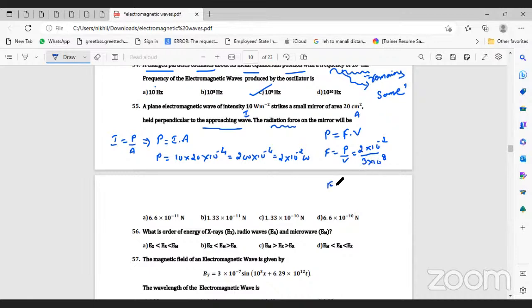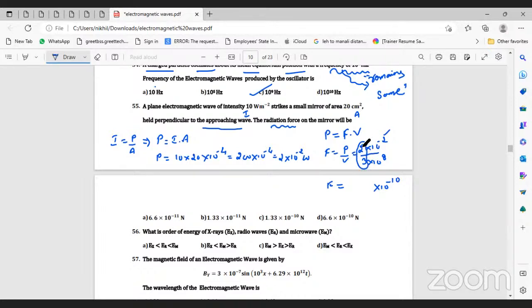Can you find what is F then? When 10 power 8 comes to the numerator, it becomes 10 power minus 8. Already minus 2 is there in the numerator. So it becomes 10 power minus 10. So it is 2 by 3 now.